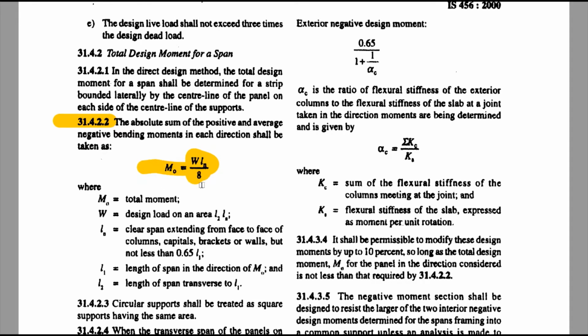We write MOL because it is in the longer direction. Okay. What is LN? Clear span extending from face to face of column, capital, brackets or wall, but not less than 0.67 L1. W is the design load on the area L2 and Ln. Right? So we can write W is the design load. So we have to simplify this to find the load. Let's do this.